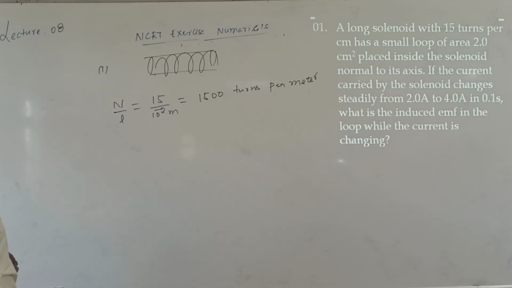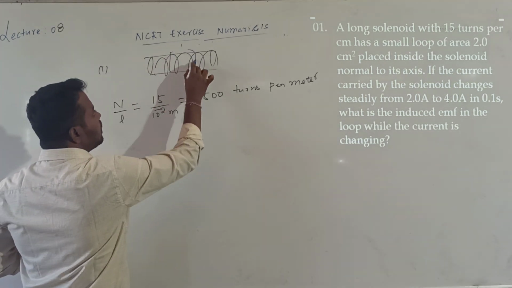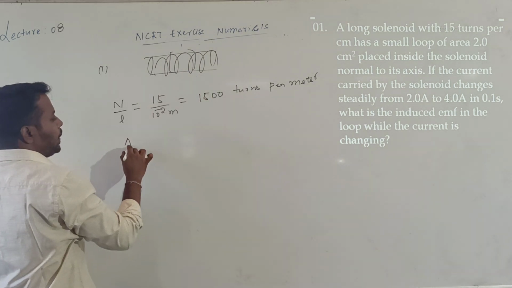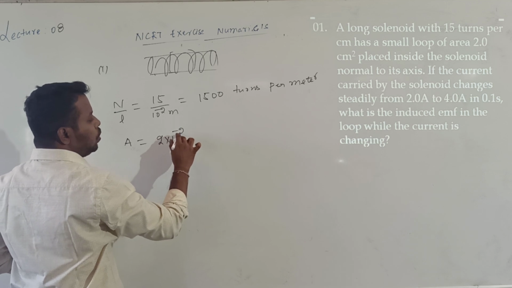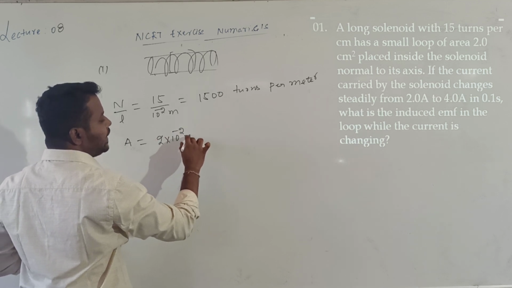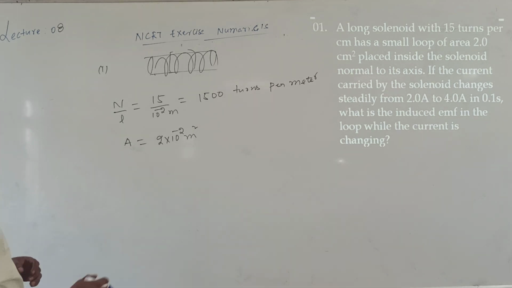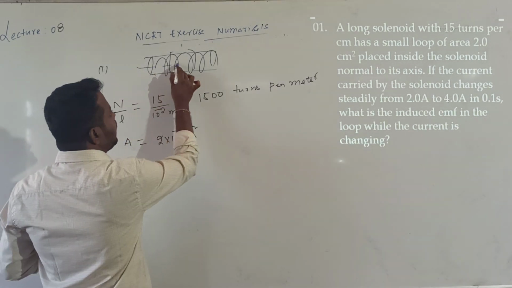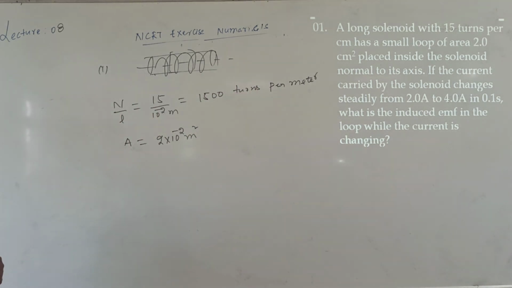There is a small loop whose area is given as 2 centimeter square. Can I write this as 2 into 10 to the power of minus 2 meter square? It is placed inside the solenoid, normal to its axis.